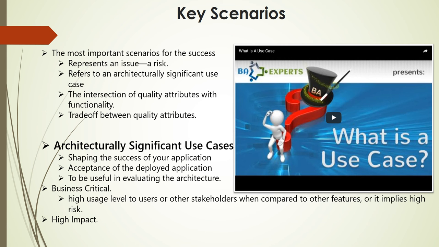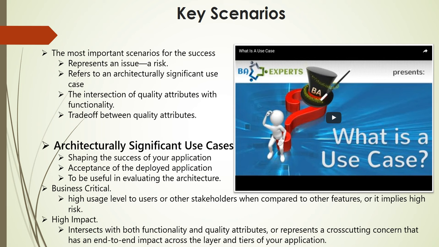The use case intersects with both functionality and quality attributes, or represents a cross-cutting concern that has an end-to-end impact across the layers and tiers of your application. An example might be create, read, update, delete, or CRUD operations that are security sensitive.